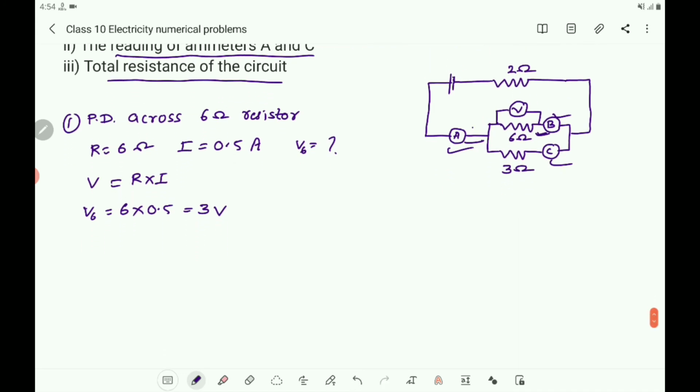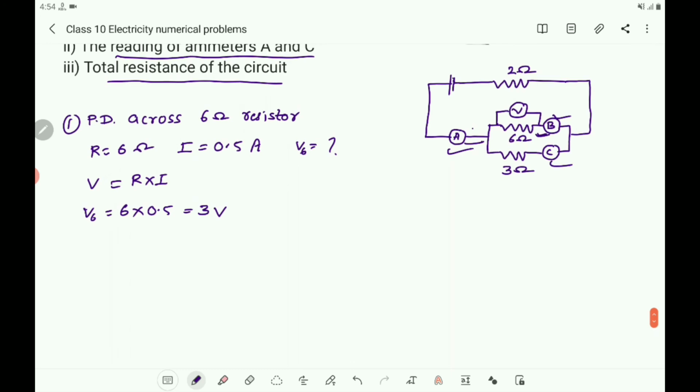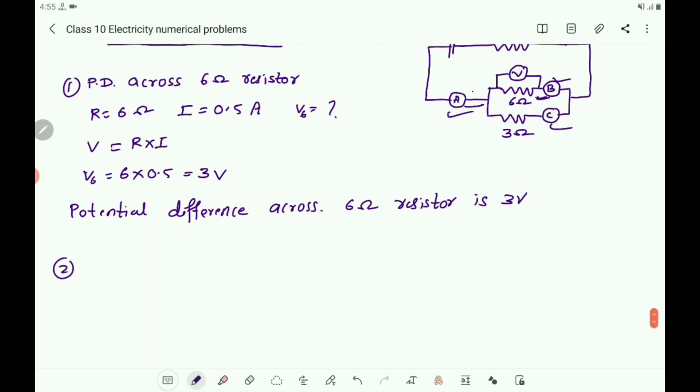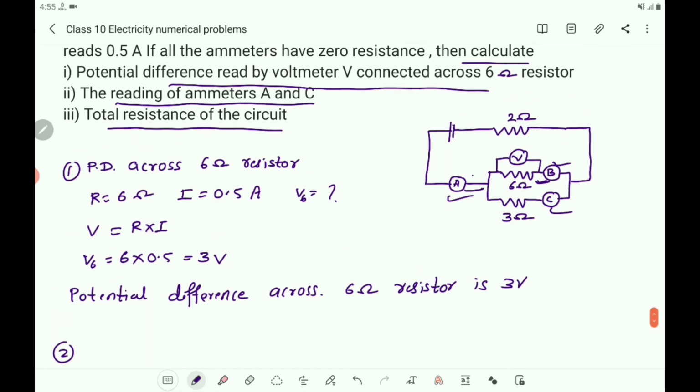So the potential difference across 6 ohm resistor is 3 volts.